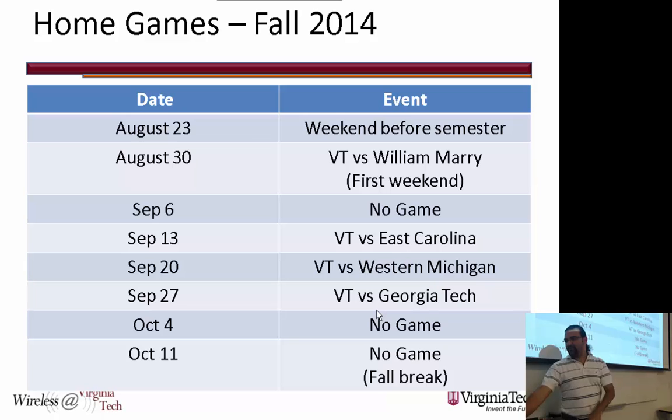This is a schedule that we made for the home games. Let's take a look now at September 6th when there was no game versus September 20 when the game was Western Michigan.